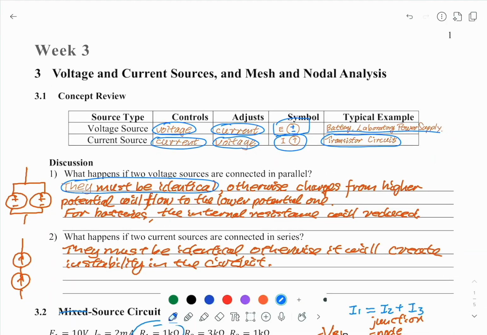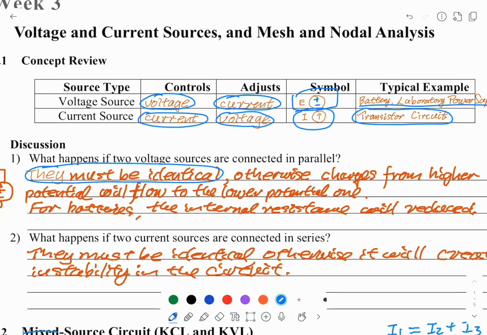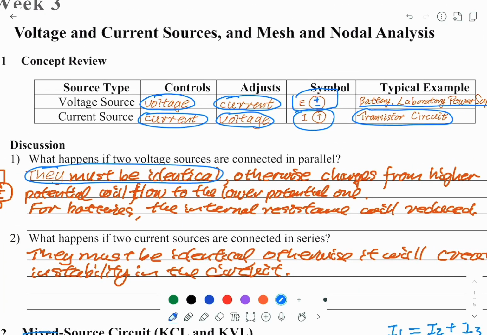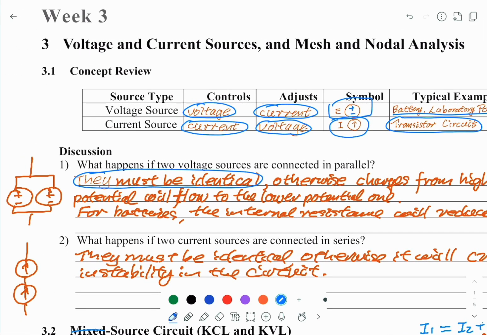Otherwise, one of the voltage sources will have a higher voltage, the other a lower voltage, and then there will be a flow of current within. So it has to be the same. Now, there's one advantage of connecting two voltage sources in parallel, like batteries. It will reduce the internal resistance.